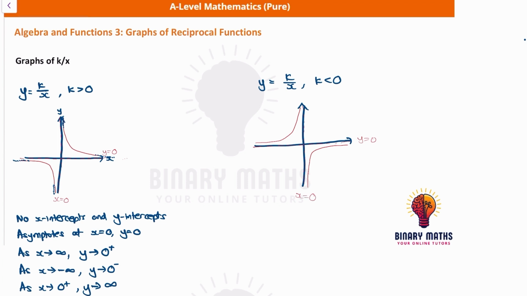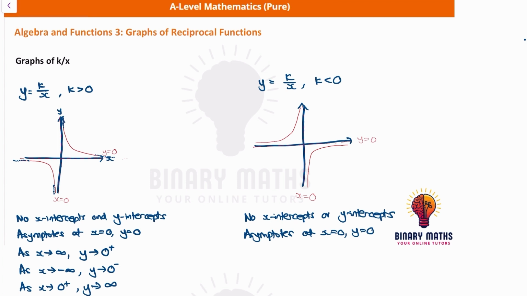These are the lines where the function is undefined. Again, we have the same situation where there are no x-intercepts or y-intercepts. We still have the asymptotes at x equals 0 and y equals 0.